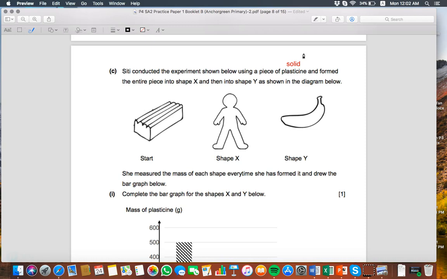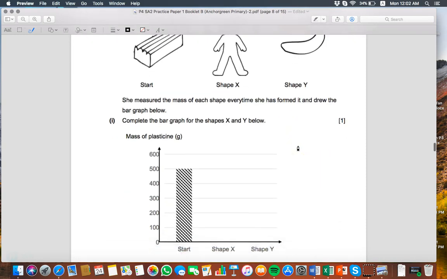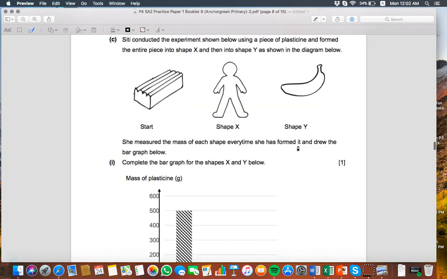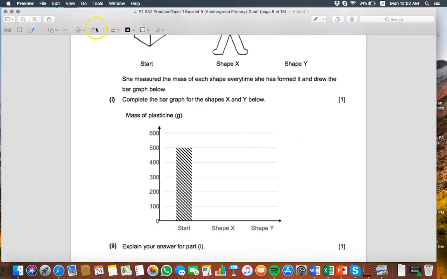But in this case I apply a force on the plasticine, so definitely the shape would change. So when we assume that solids have a definite shape, what we are actually saying is that if we leave the solid alone untouched, the shape will not change. So it is still a solid even though you see different shapes of plasticine. So, will the mass change? No, the mass will not change.